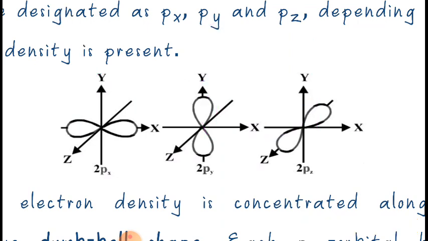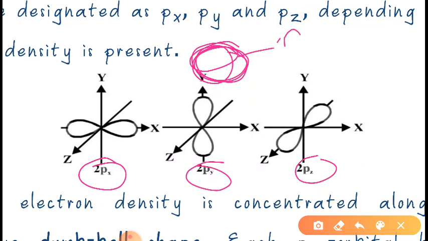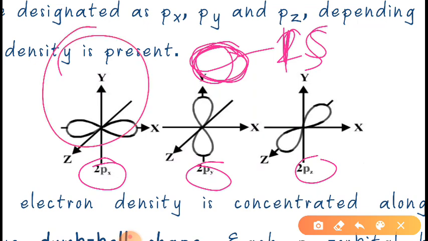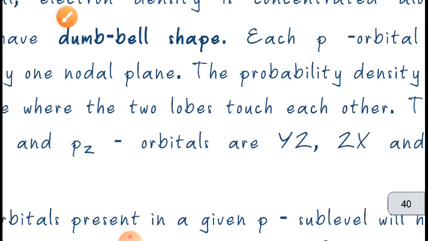One more thing: it is written 2px, 2py and 2pz, because in the first orbit only 1s is there. In the first orbit you will not get p. In the first orbit there is only s, after that 2s and 2p, like this we have learned.